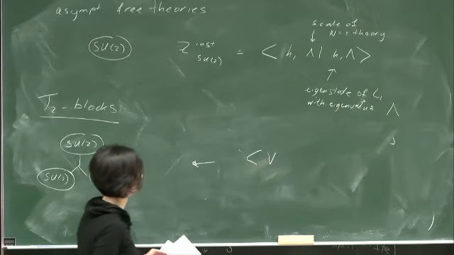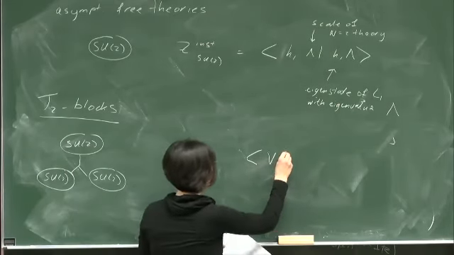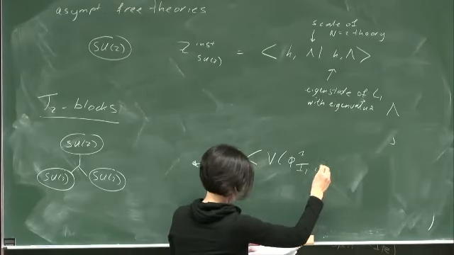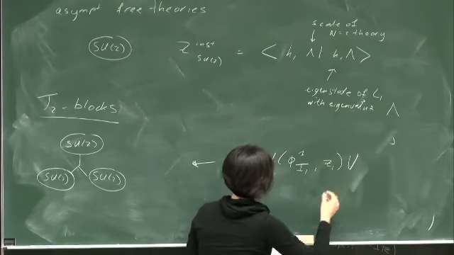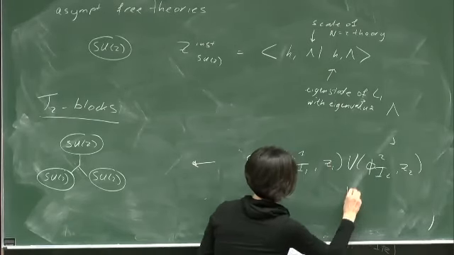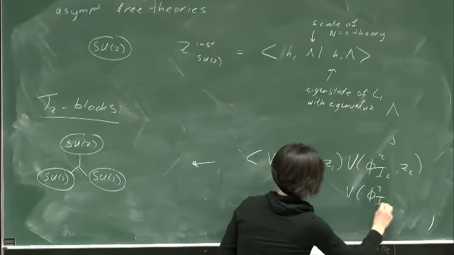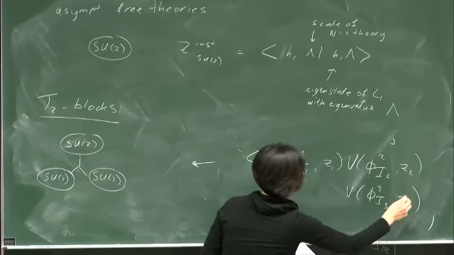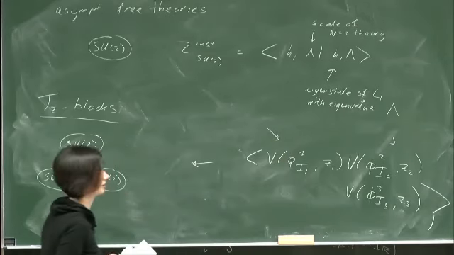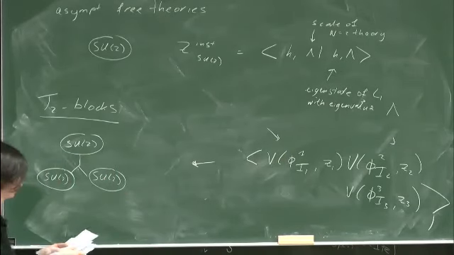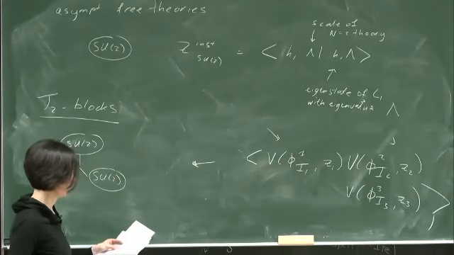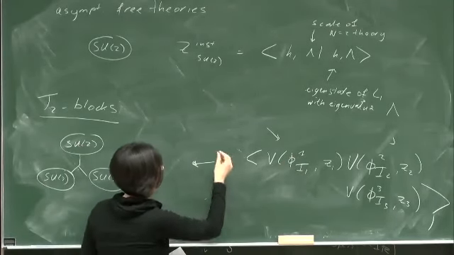So it should be just a correlation function of 3 vertex operators. So I will explain this notation. What this gadget means is a vertex operator which includes all descendants of a corresponding primary field, and its conformal weight.